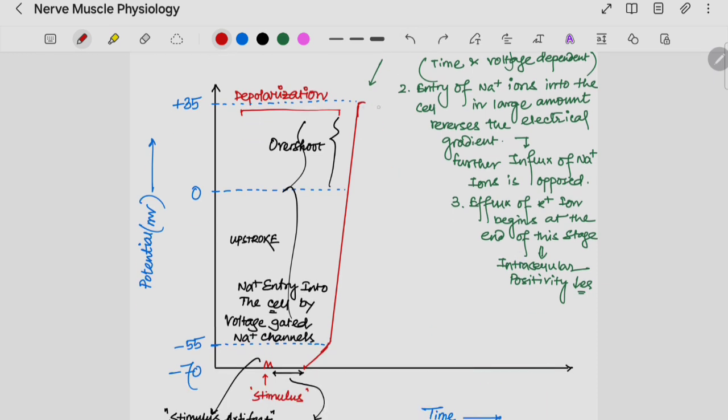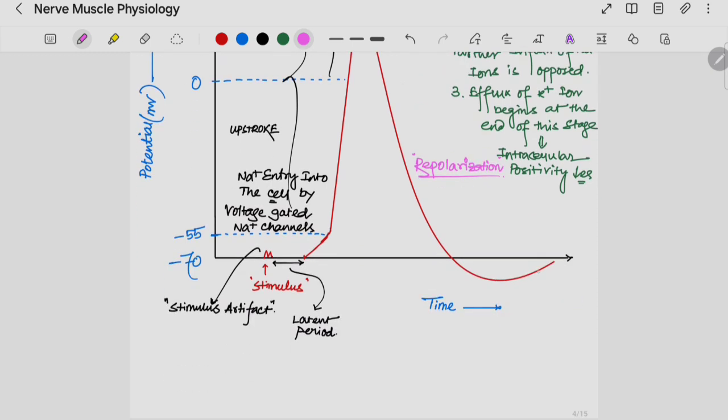So this is the repolarization state after depolarization, where more and more potassium is going outside of the cell.